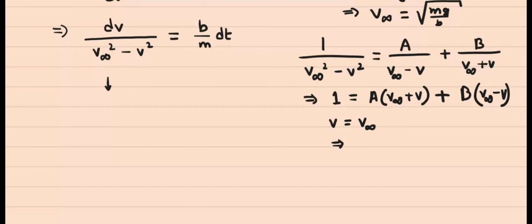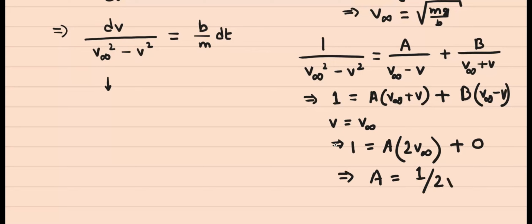Well, 1 equals a times v infinity plus v infinity, so that's 2 v infinity. But the next term, with v equal to v infinity substituted, yields 0. So the whole term is 0, and we end up with a equals 1 over 2 v infinity.